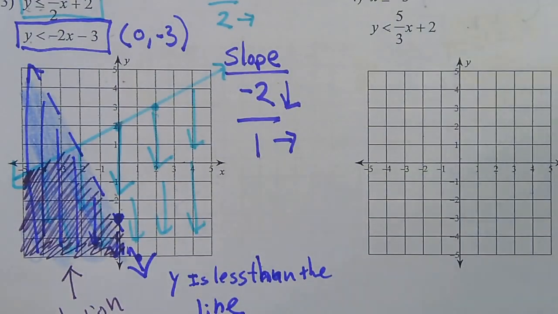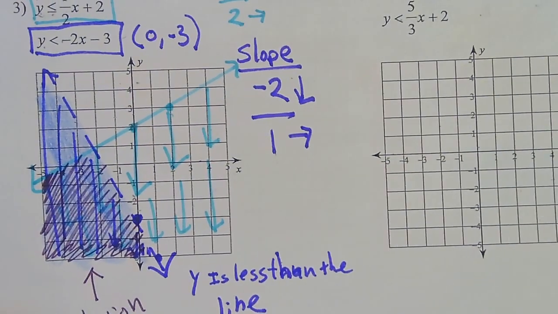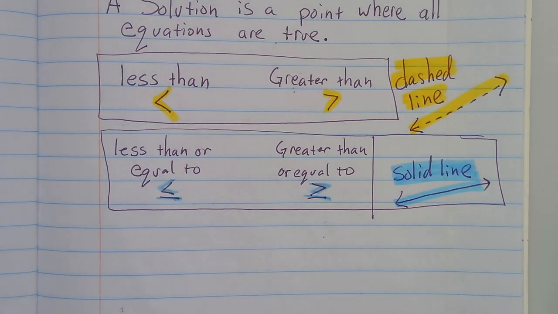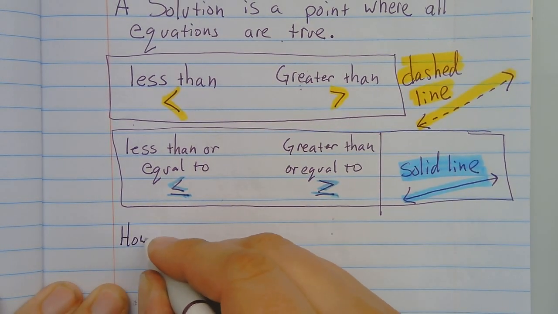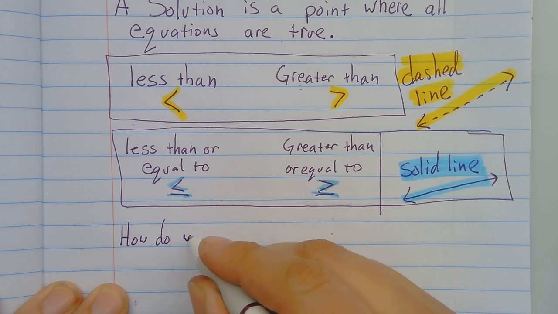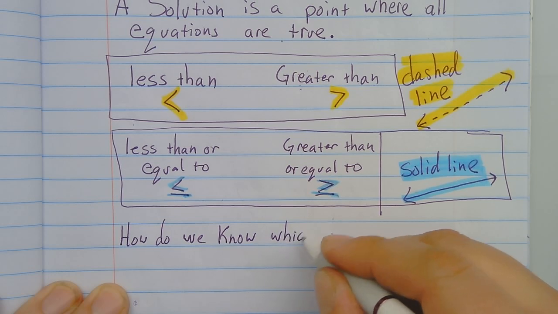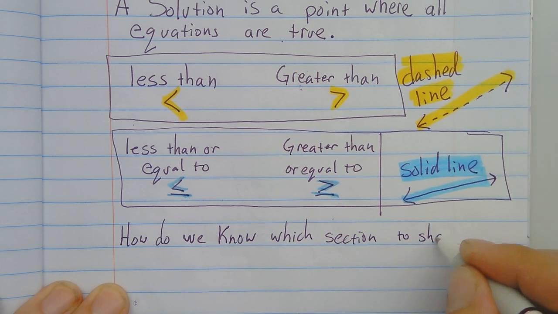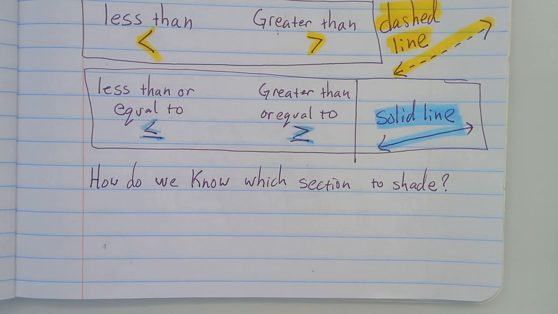Okay. Questions on this one? We're going to add our notes for this now. So in our notebook, how do we know which section to shade?